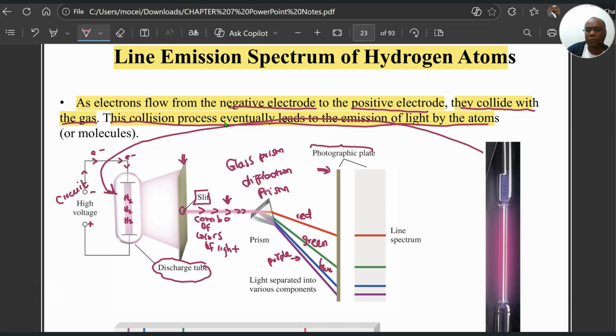So this photographic plate is called a detector. Red is here, green is there, blue is there, purple is there. Notice the difference in height.